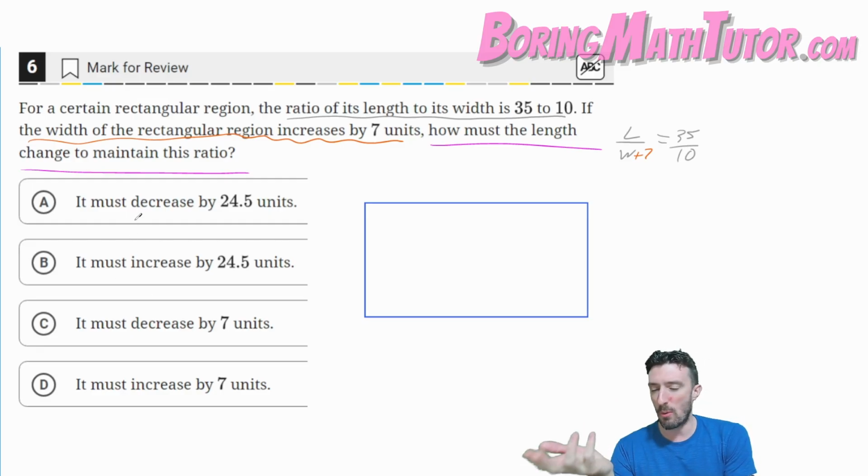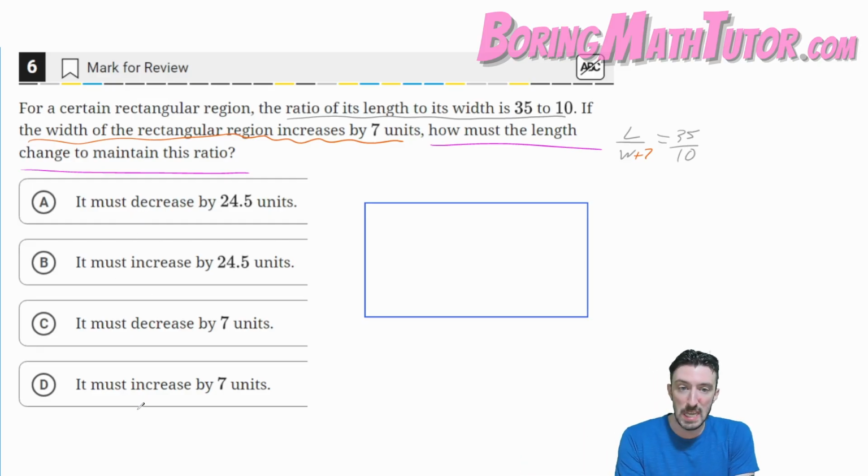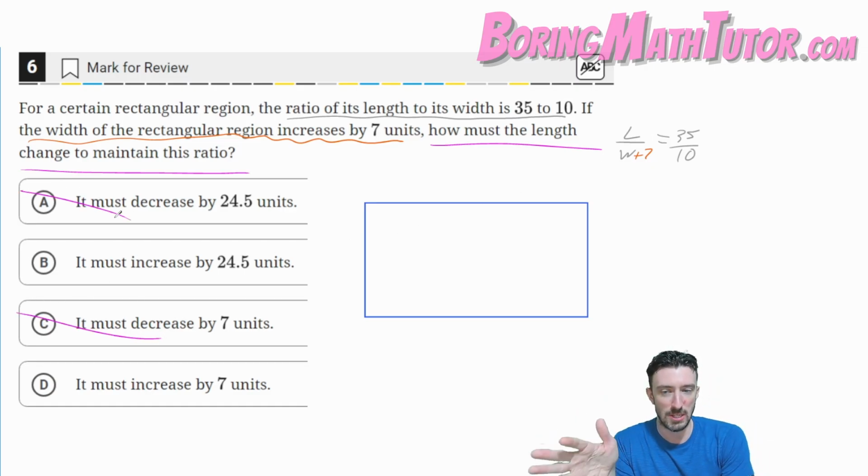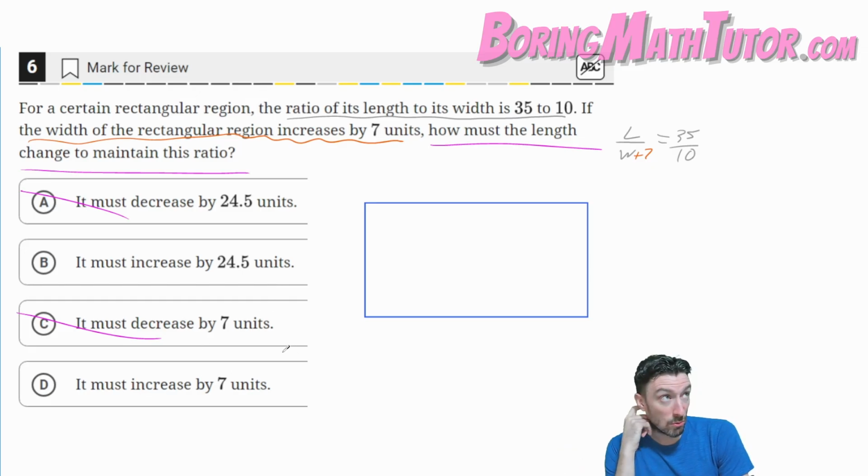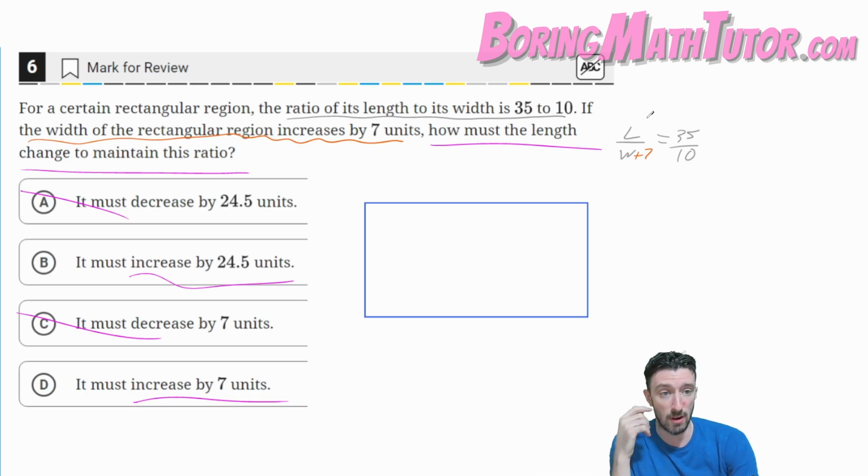Okay, so it's either going to increase or decrease. I mean, let's think about it. I guess it's going to have to increase too. So it doesn't sound like it's going to be a decrease. Okay, so we got rid of those. Now, how is it going to increase? Is it going to increase by 24.5 or by 7?